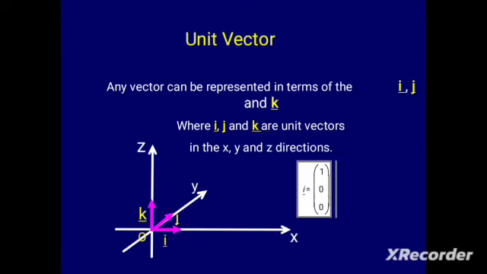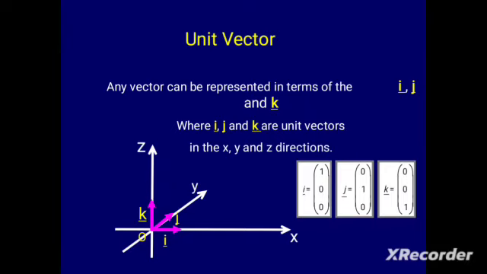And then vector j. You need to understand that j occupies the second position, and so it will be 0, 1, 0. And finally, k occupies the third position, and now the coordinate is 0, 0, 1.